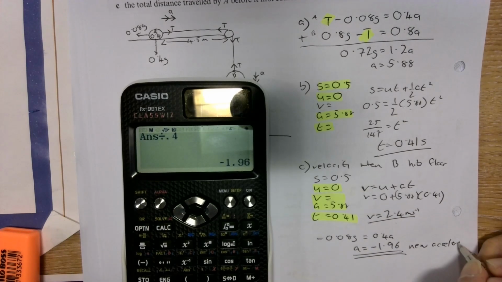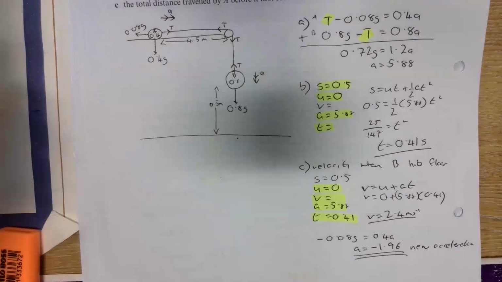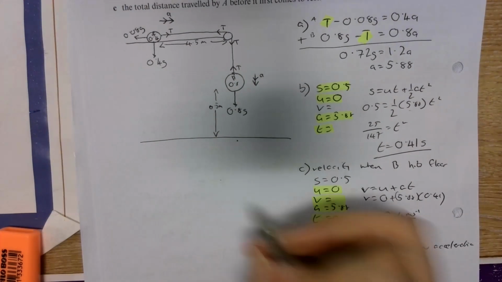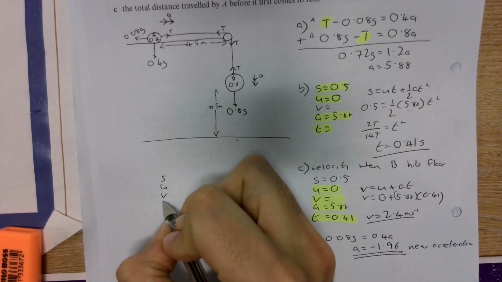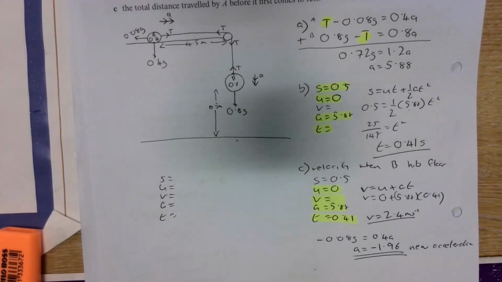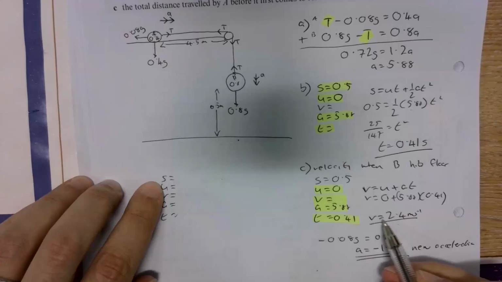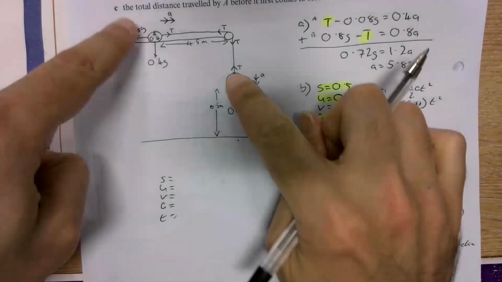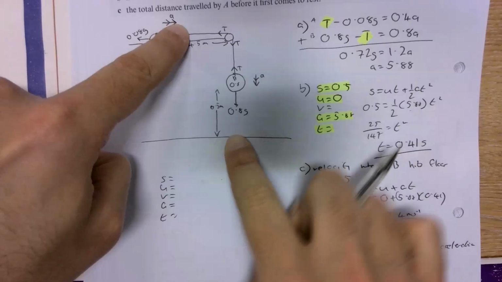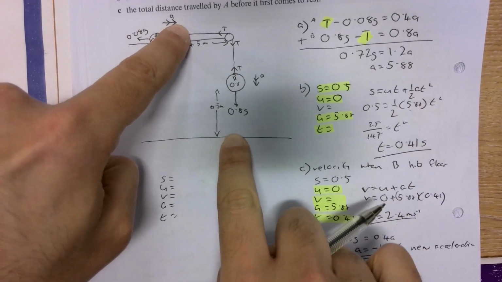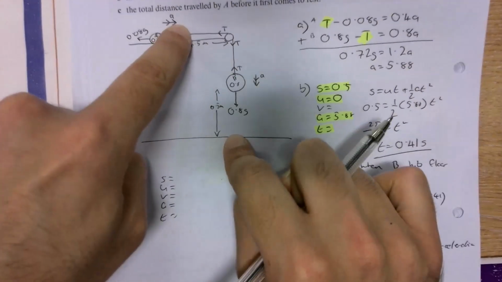So I can now use suvat again for the second part of the journey. S is what I'm trying to figure out. U is this new speed that I figured out, because when B is hitting the floor, 2.4 is the speed of the system at that point, so that becomes the initial velocity for the next part of the journey.